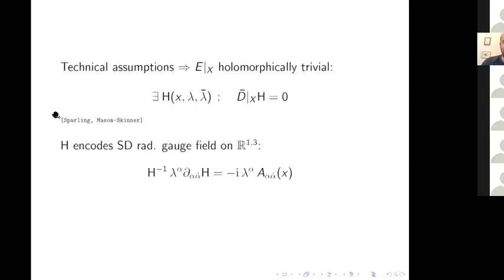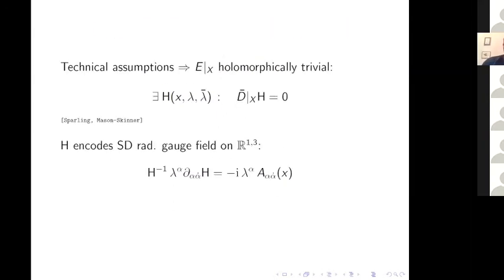So in other words, the holomorphic frames H are the things that encode the self-dual radiative gauge field on space-time. They're the things that encode it up in twistor space, these holomorphic trivializations. If I had a flat gauge field, so a trivial gauge field, then this frame would just be the identity matrix.